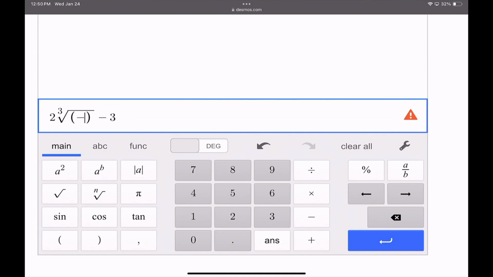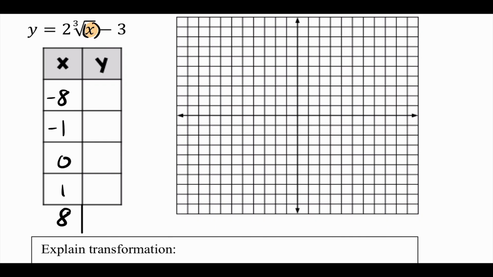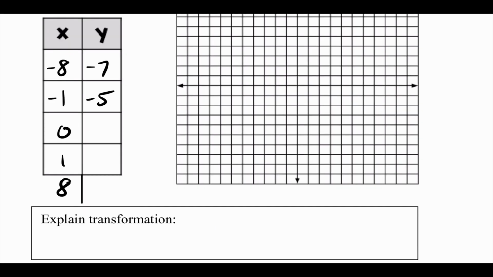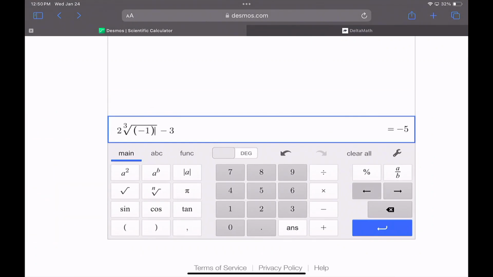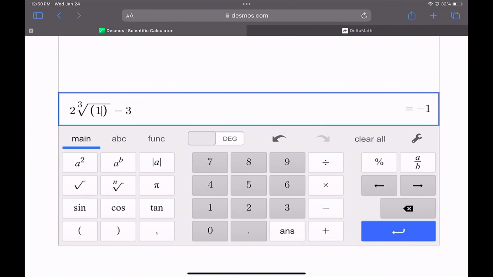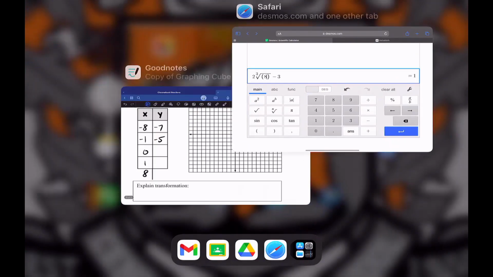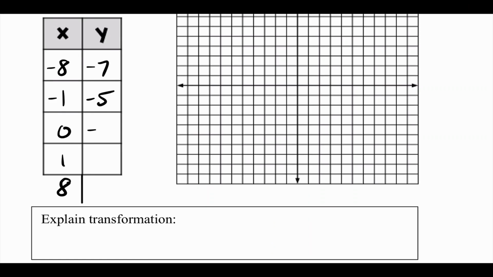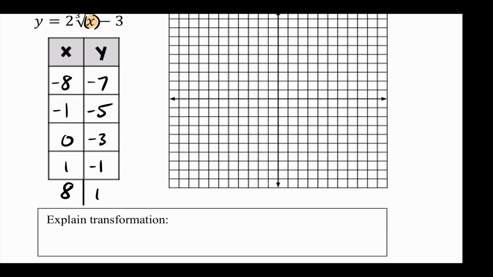Next one, -1. You get -5. Zero. -3. 1. -1. 8. +1. And those are our dots: -3, -1, +1.